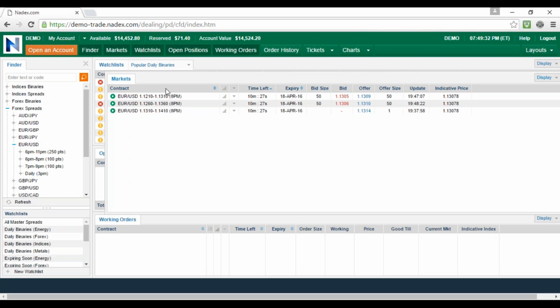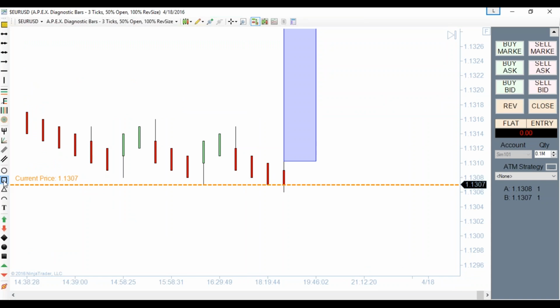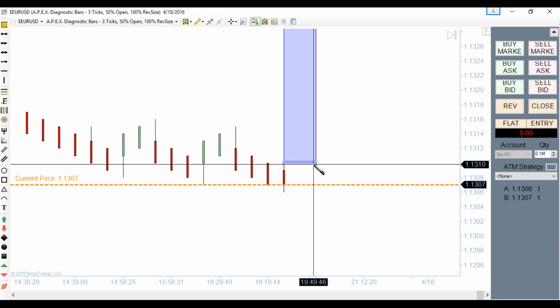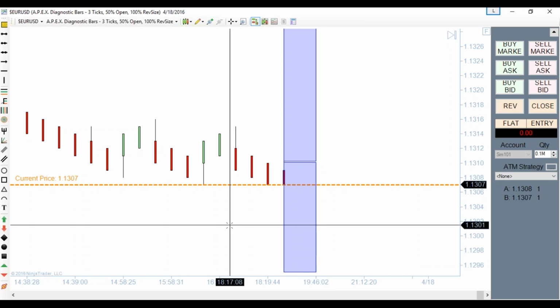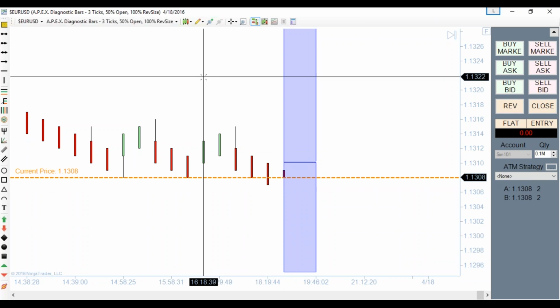And where does it go? Down 100 pips, right? So there's another spread right here. 13.10 is the top going down 100 pips. Obviously that's not 100 pips, but you see what I mean, right?